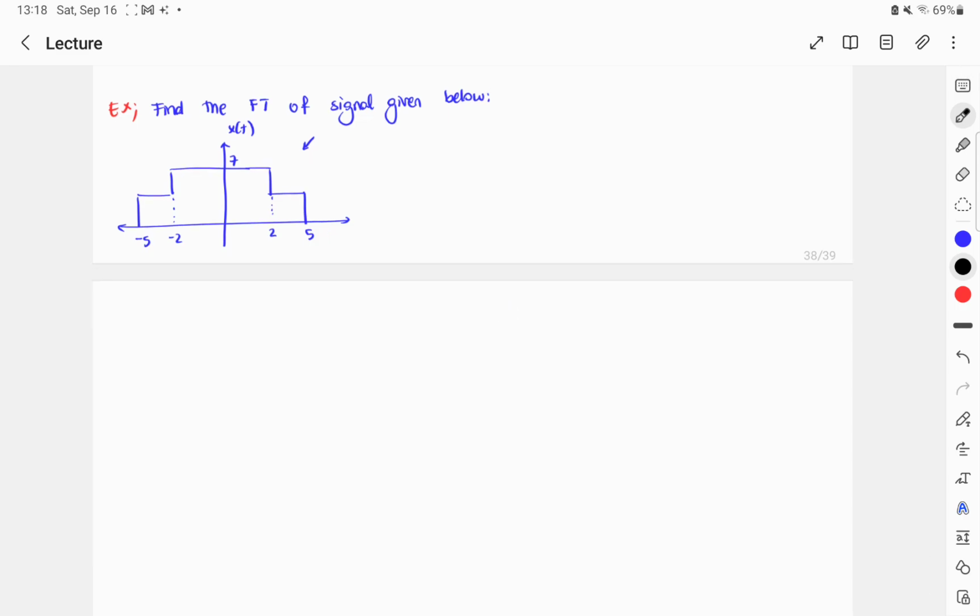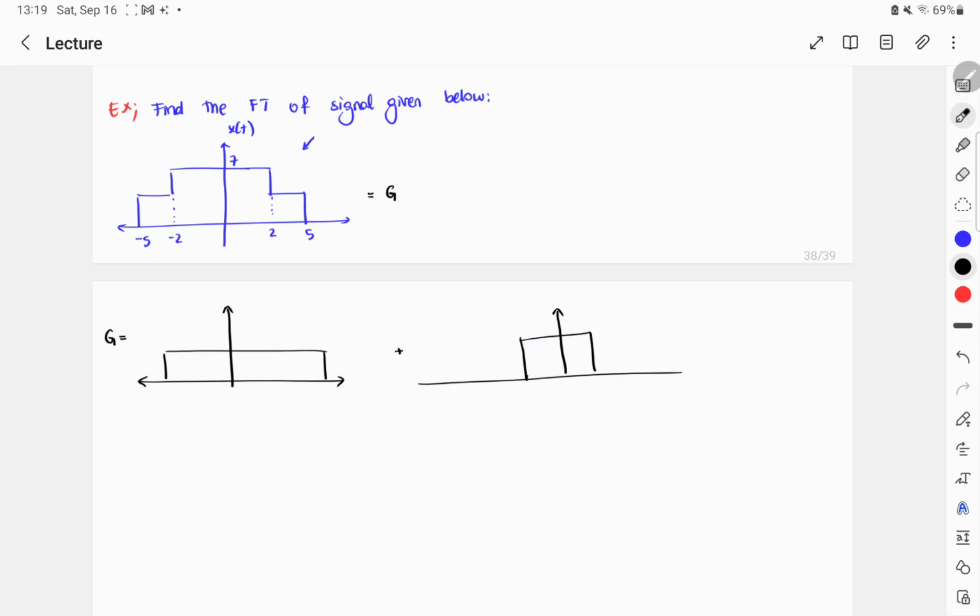This graph is the addition of two, one of this one plus one of this one, which is, here we have minus 2, 2, and 3 here, and we have minus 5, 5, and 4 here.